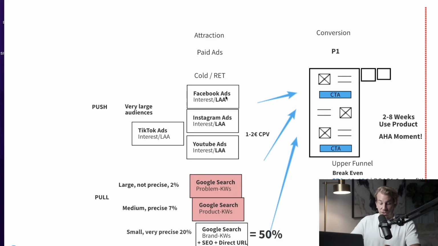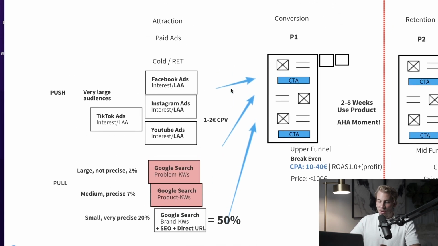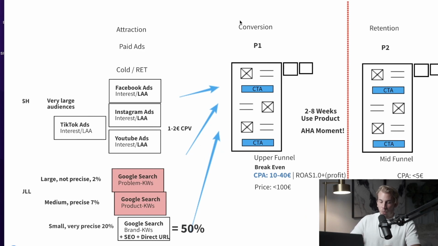These are the traffic sources, and they all go to the same landing page most of the time. I say most of the time because I would definitely use one really, really good, high quality initial offer sales landing page for all the different push channels.